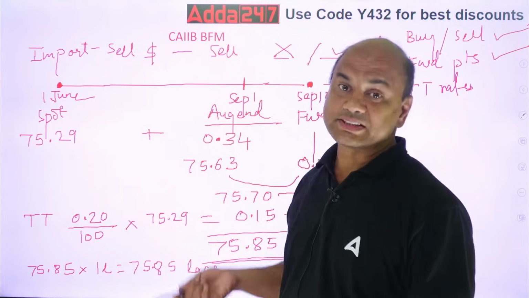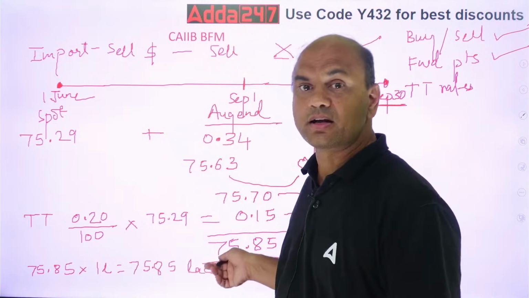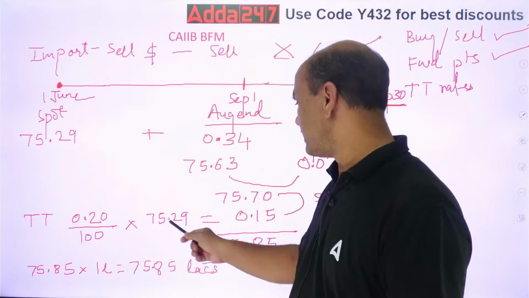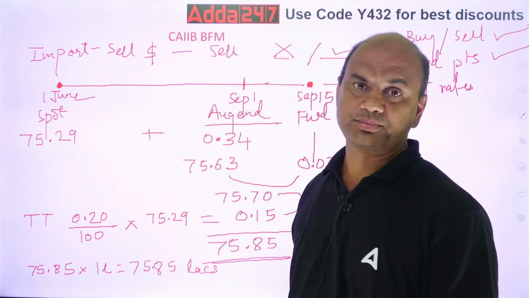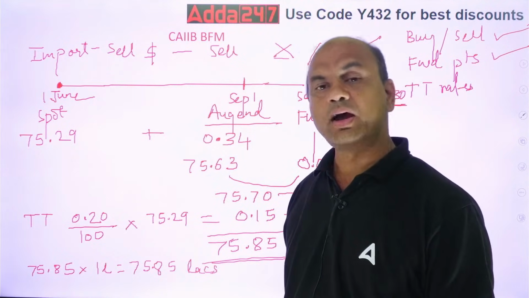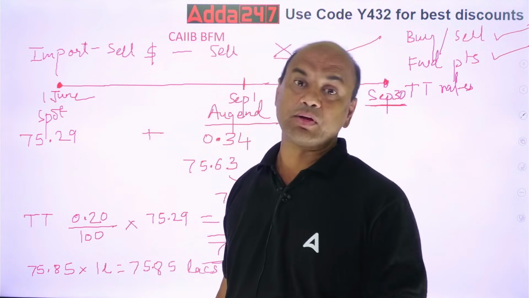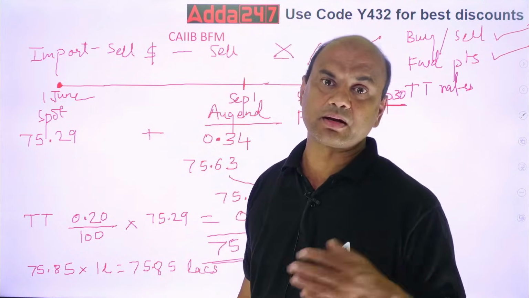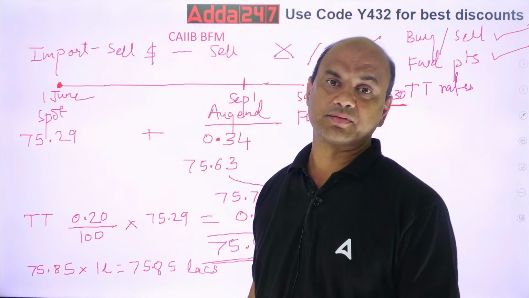Whenever you are selling anything, you have to add the TT margin. Why add? While selling, why do we add? And while buying, we subtract it.